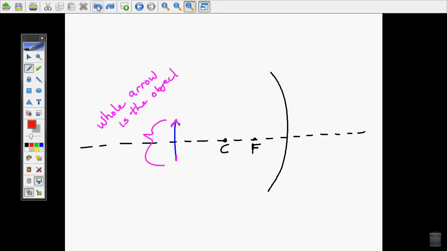And the first key light ray that I draw is a light ray leaving the head of the object and coming towards the mirror parallel to the principal axis.